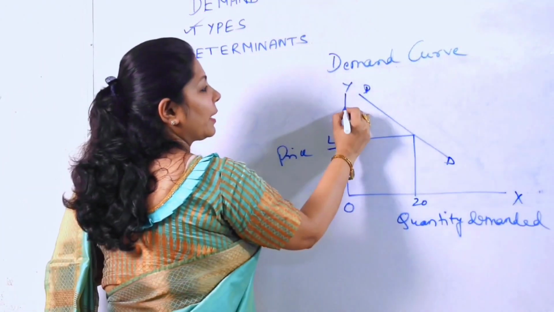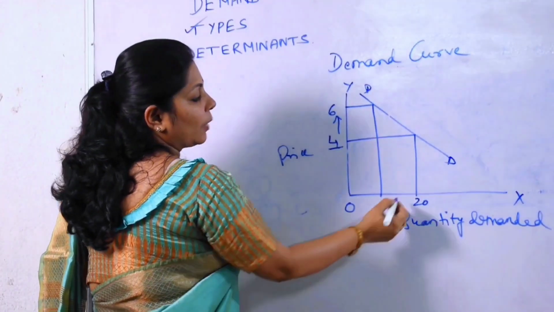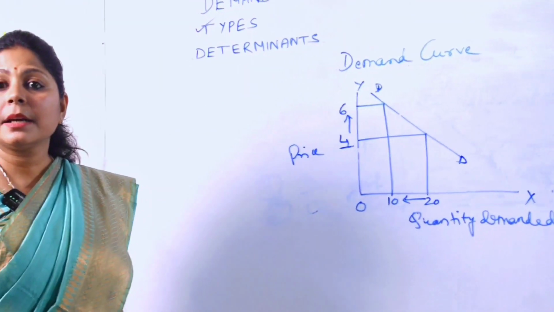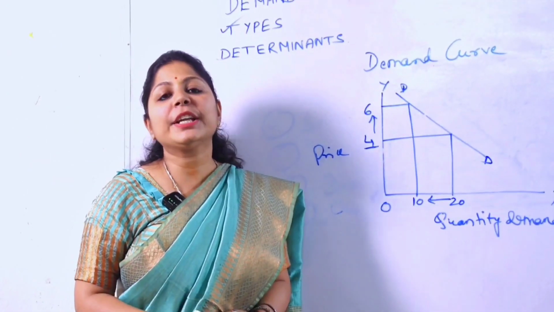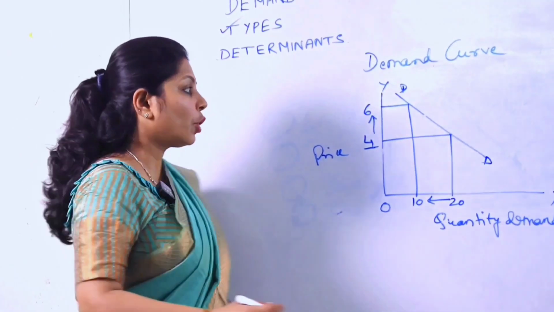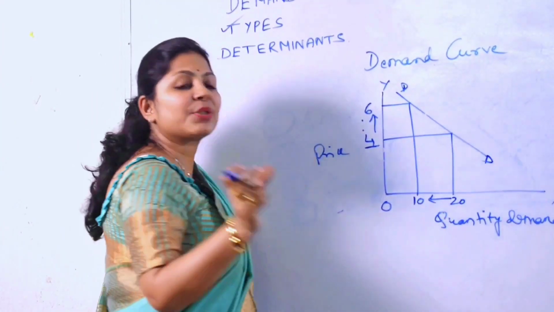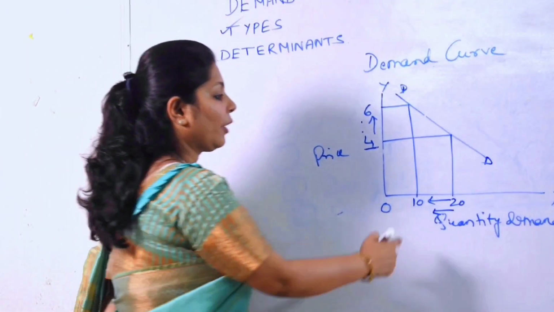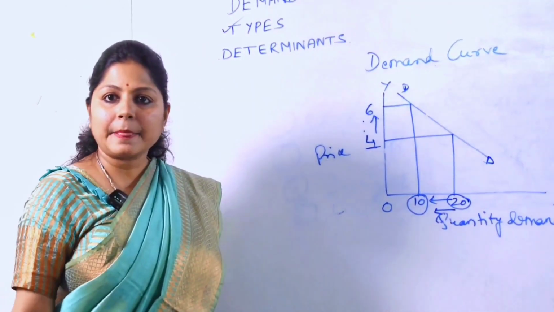When the price is increased to 6, the quantity demanded is reduced to 10. Why? Because we have a limited income, and within that limited income we need to make purchases. So due to the increase in price, and since we have limited resources, the quantity has been reduced from 20 to 10.